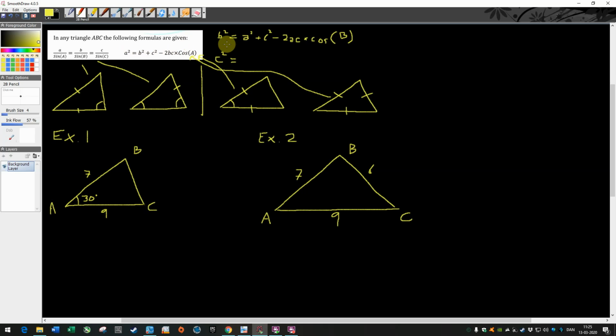You can have a look at this and this, then maybe pause the video for 30 seconds and try and figure out what this equation should be. If you're switching this A with a C, what do you want to write there? Pause the video for 30 seconds and I'll give you my answer after that.